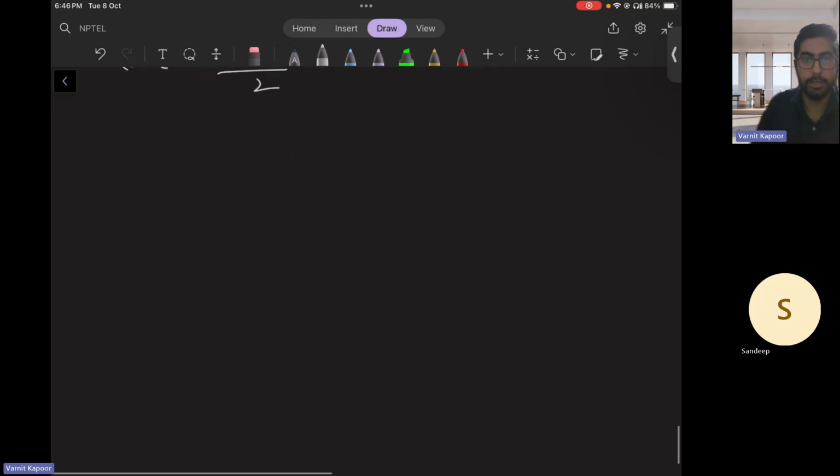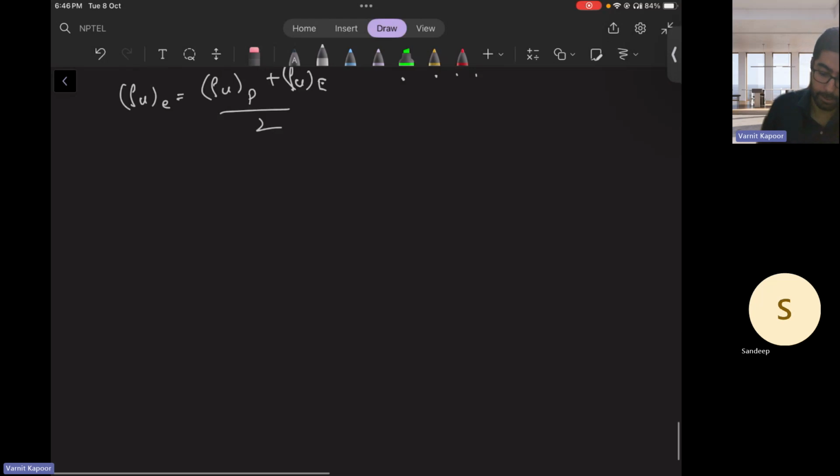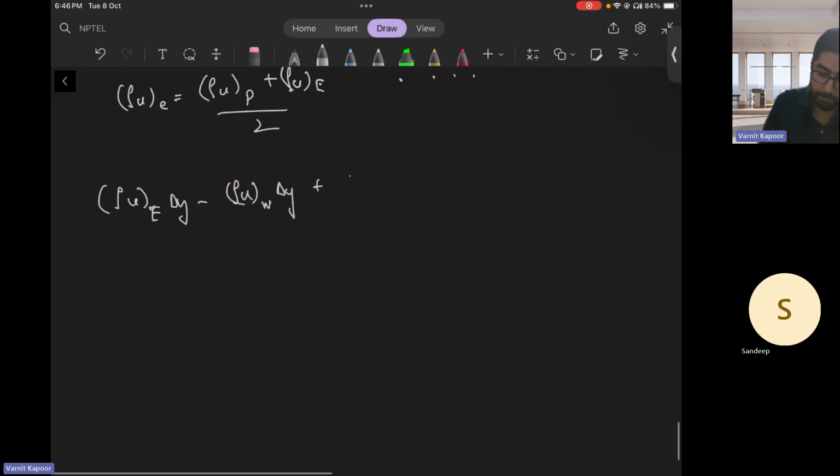All the values you can get, and you can put them back. So the equation will be ρu_E Δy minus ρu_W Δy plus ρv_N Δx minus ρv_S Δx equal to 0.